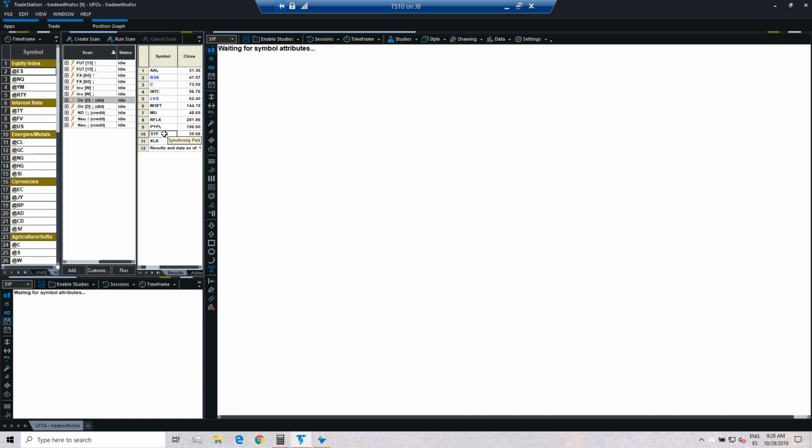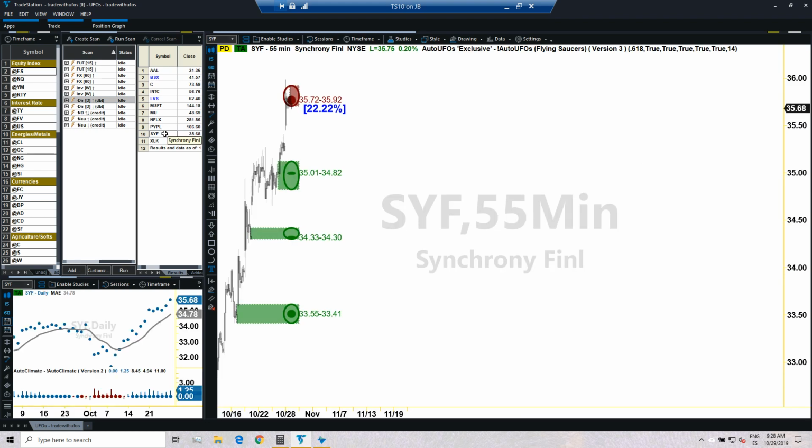And SYF, okay, so we have 11 candles out of 9, so we are still in time for this trade. Okay, so 11 out of 9, because you would take 9, calculate half of 9, which is 4.5, and add it to 9, which makes it 13.5.